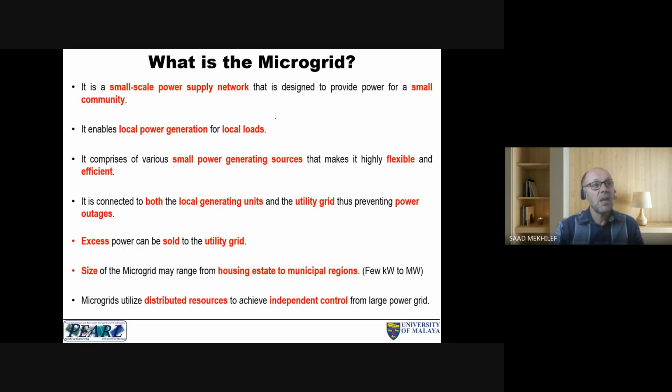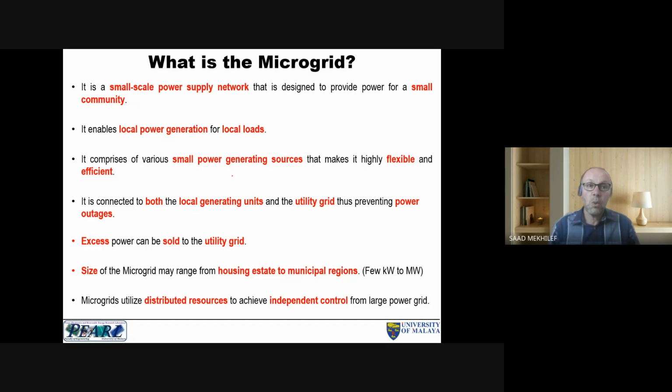So it enables local power generation for local loads. Mainly, most of these microgrids are meant to supply local loads, meaning existing loads within that community. And it consists of different generation sources, which are flexible and also efficient, most of them. For example, when we see solar, we say it's very flexible and also very efficient.